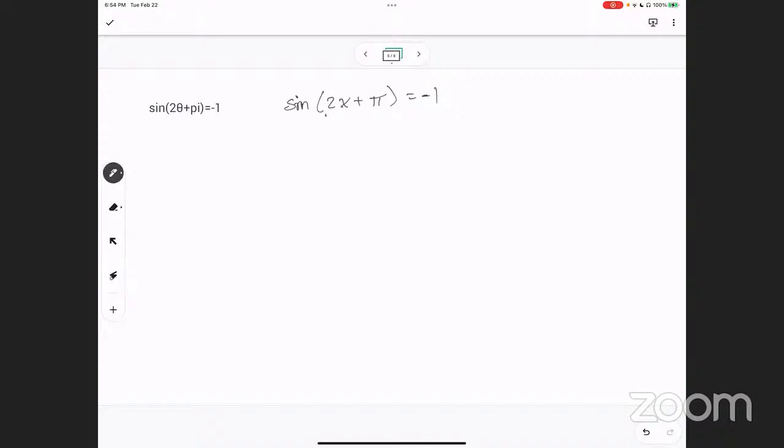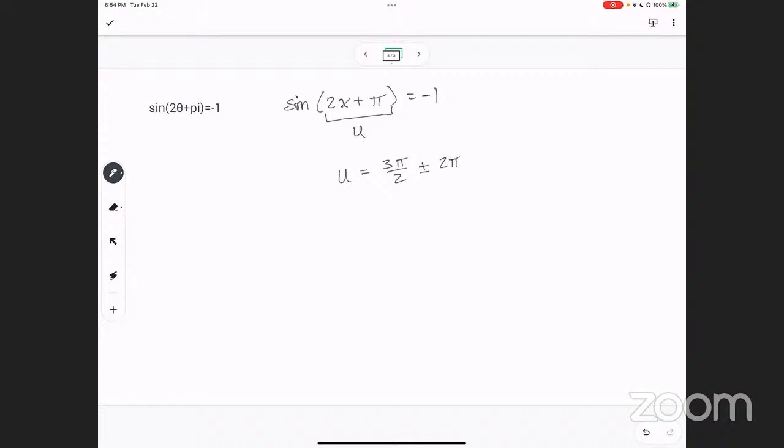That's right. So let's call this thing right here u. So I know that u has to equal 3 pi over 2 plus or minus the period of a sine function, which is 2 pi, right? Yeah.